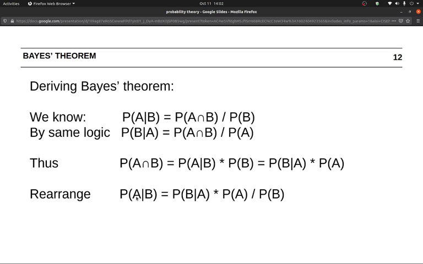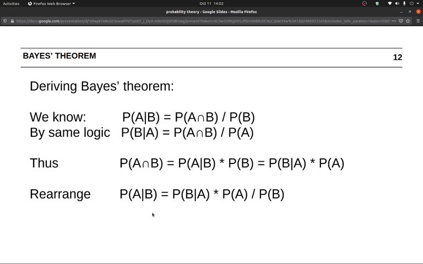So probability of A given B can be interpreted as our calculation of probability of A given something else has happened. In this case, it's given B has happened. Now this probability is unknown to us and hence we are calculating it.